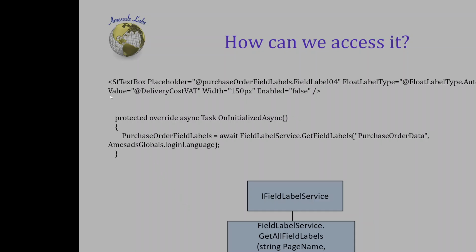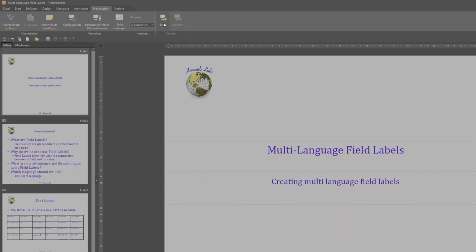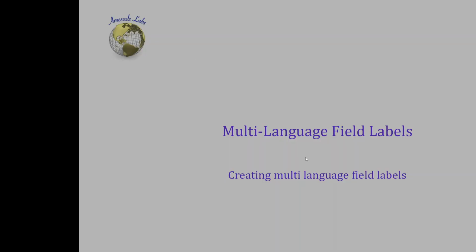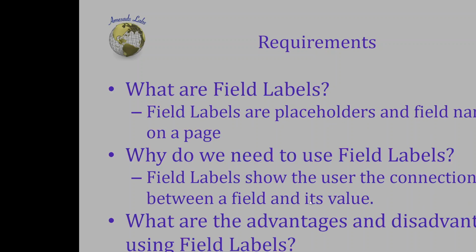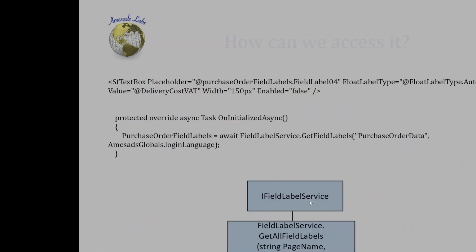How do we do that? We have the HTML part, and we have the, hold a second, just clicking is probably not the best idea. So we have the placeholder, which is the list, and the field name, and we are using an interface and a service, and this is how it looks in the page itself.